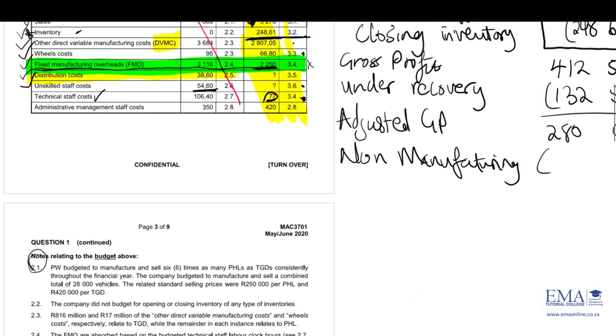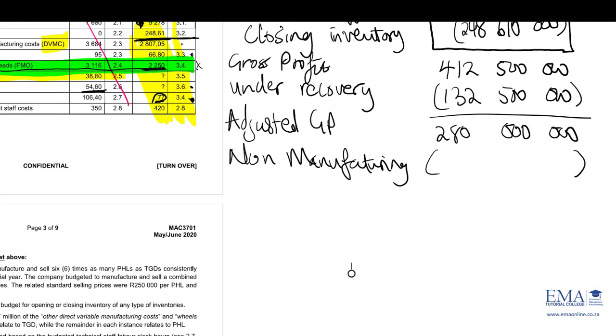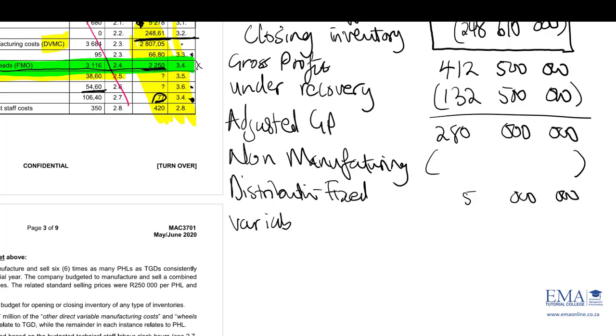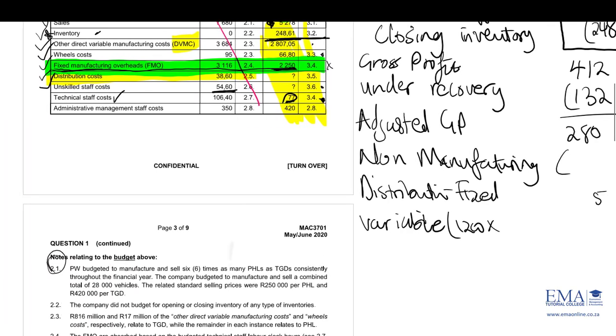So it means here our non-manufacturing costs are going to come in. We're going to start with the fixed distribution. The fixed was given as 5 million. Now we need to work out the variable distribution cost. They said it's 1,200 per vehicle. So multiplied by how many vehicles did we sell?